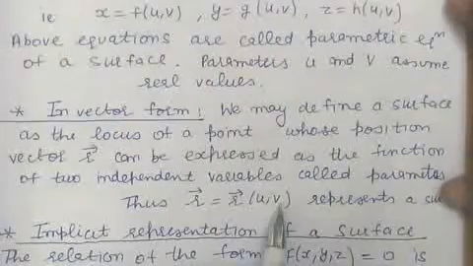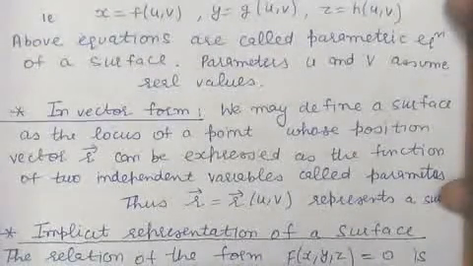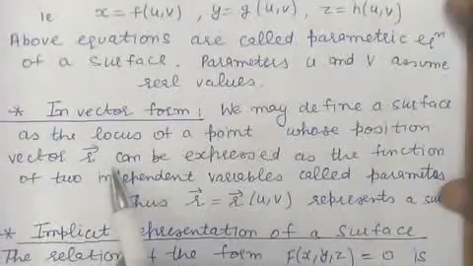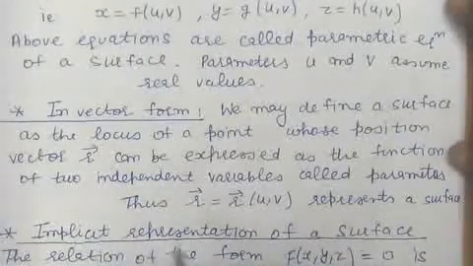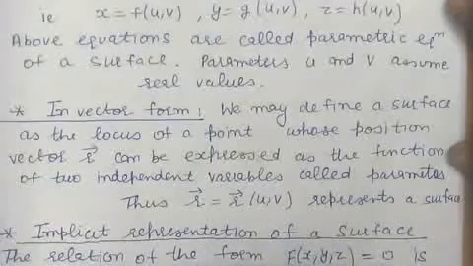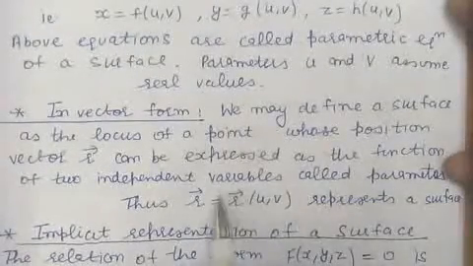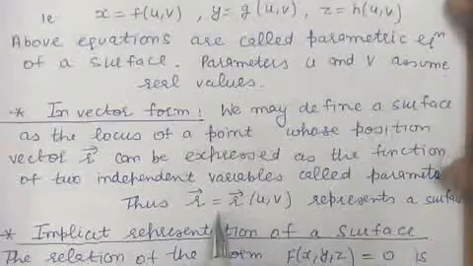It means in vector form, a surface is the locus of a point whose position vector is a function of two independent variables, and those two independent variables are called parameters. So this represents the vector form of the surface.